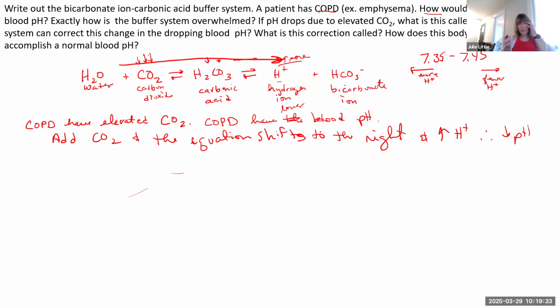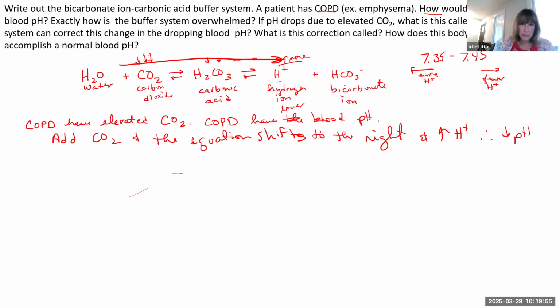All right, so then my next question is, if someone has a lower blood pH due to elevated carbon dioxide, what is this called? Well, because our respiratory system is the problem, we know that we have two systems. If this buffer system gets overwhelmed, we have the respiratory system and the urinary system that can help us out.